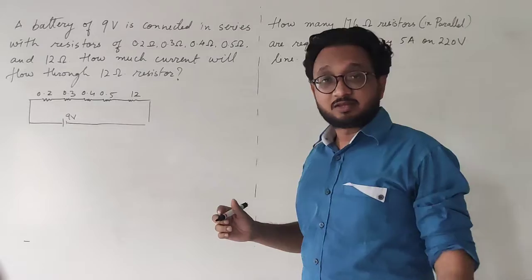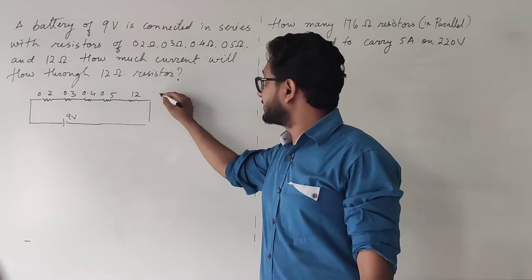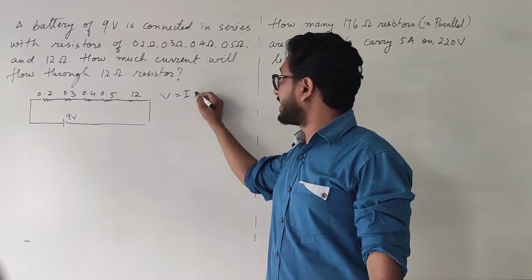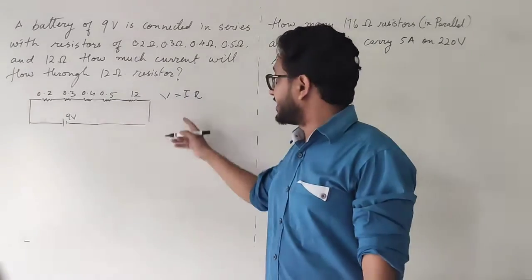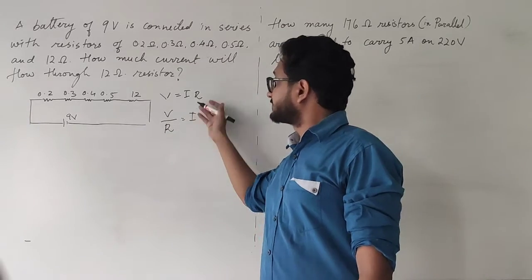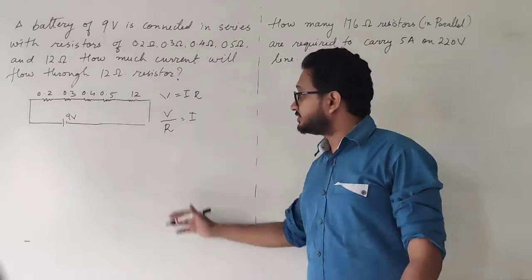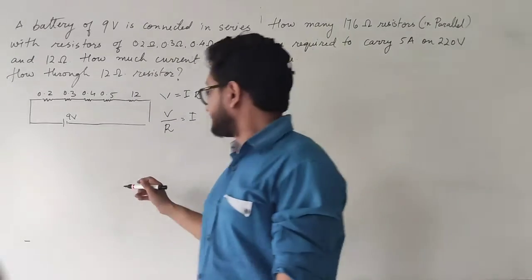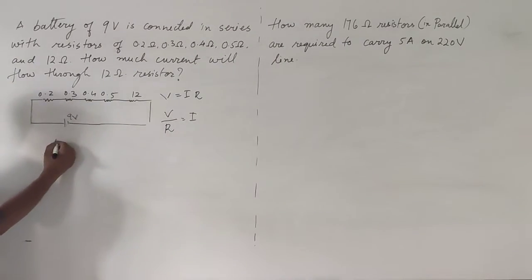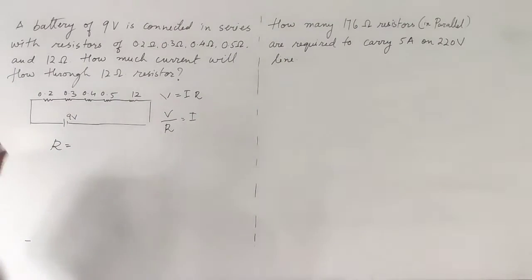So simply find the total resistance, because in order to find the current we know the simple formula, that is V is equal to IR, Ohm's law, and in order to find the current we have V upon R is equal to I. Simple cross multiplication. So first of all you need to find the total resistance. Because they are in series, the total resistance is the simple arithmetic sum of all the resistors.